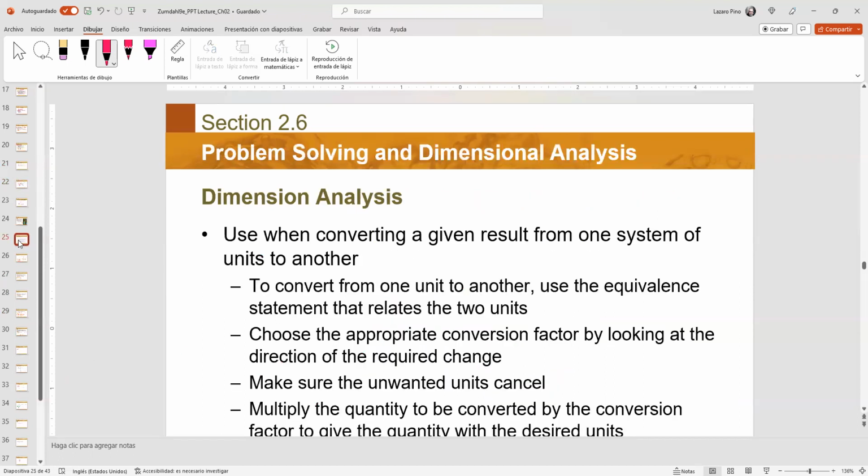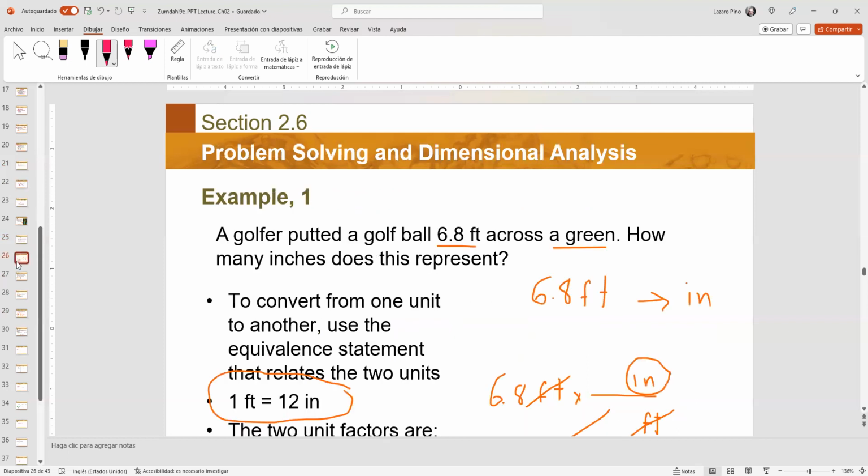When you are doing a conversion, for example, a golf ball 6.8 feet across a green. How many inches does this represent? Then you have to convert 6.8 feet into inches.